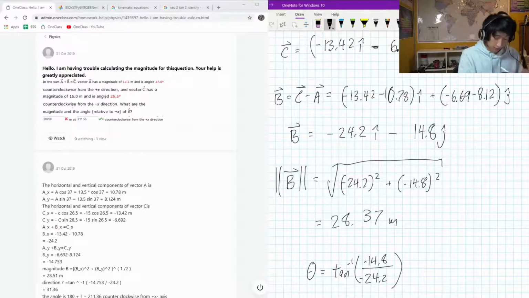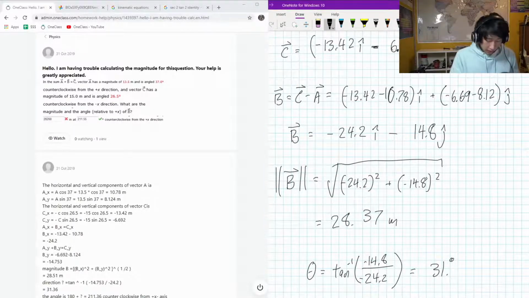Tan inverse. Okay, that's important. 18.8 divided by 24.2. And my calculation for this is 31, just round it off, it'll be 31 degrees.